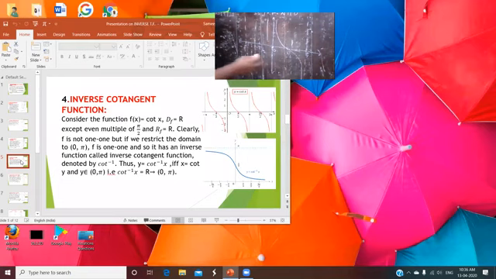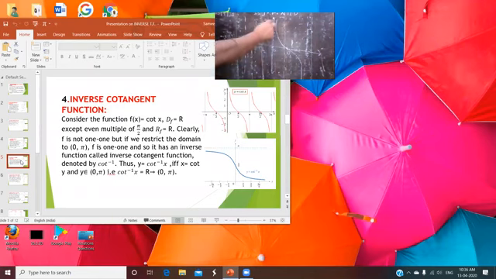In the same way, if you are talking about 0 to minus pi by 2, that is your fourth quadrant, and in the fourth quadrant one is positive and the other is negative, so the two negatives make it positive.